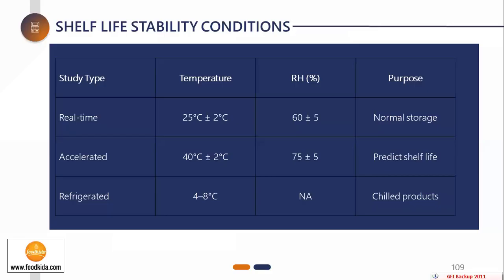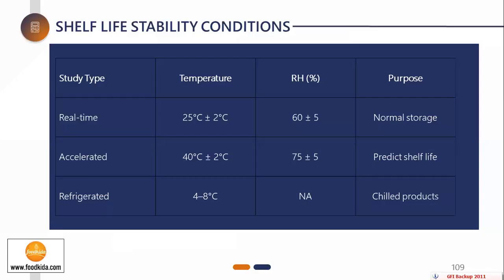Accelerated is nothing but 40 degrees. Now you are increasing the temperature to see what happens. Why am I saying accelerated? Because when I increase the temperature, my deterioration is going to increase and my shelf life is going to come down. 40 degrees is not the day-to-day temperature you will find in most regions of India.